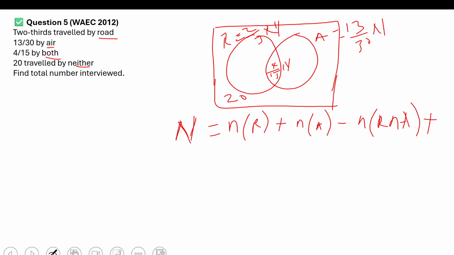Let me call that neither x, though neither is given as 20. So let me just put it there as 20.